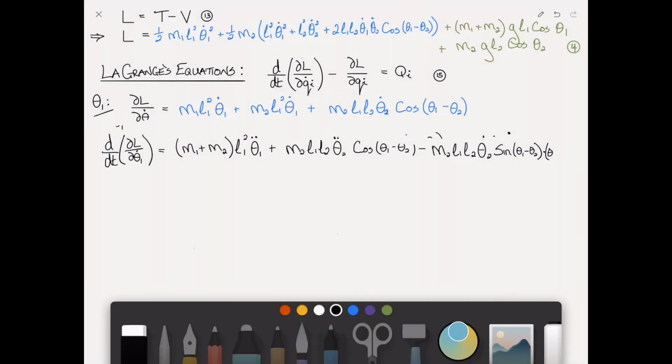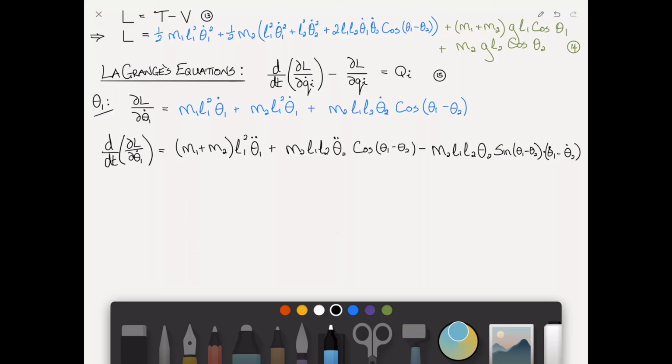Let me try to make a little bit more room here. I'm just going to clean this up, sorry. All right, so this should be theta 1 dot minus theta 2 dot.